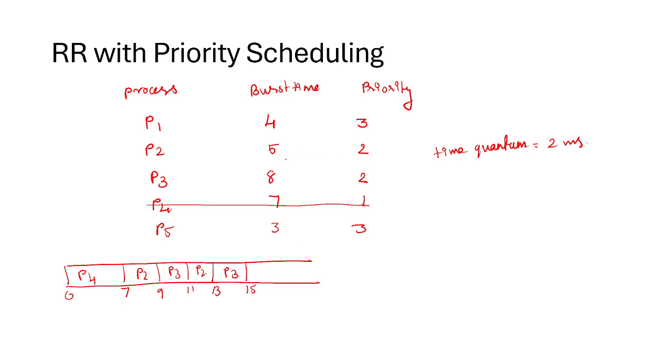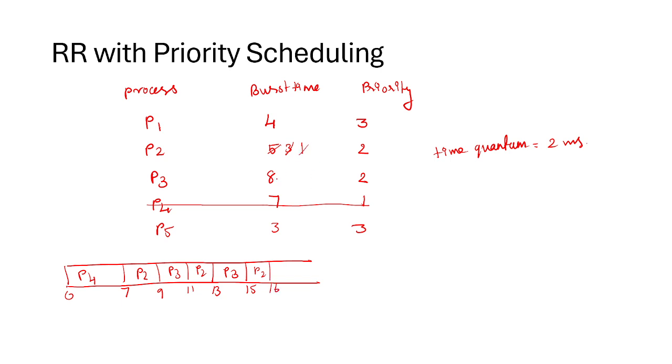The P2 remaining time is 1, so only 1 millisecond is pending. It will be executed for only 1 millisecond, up to 16.